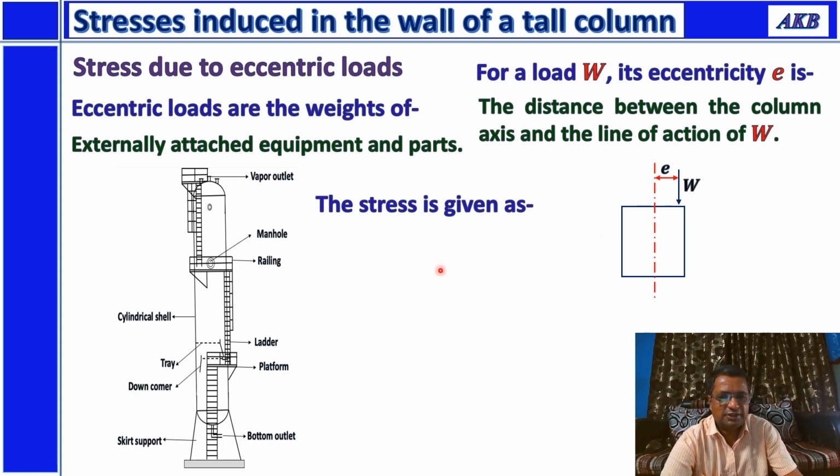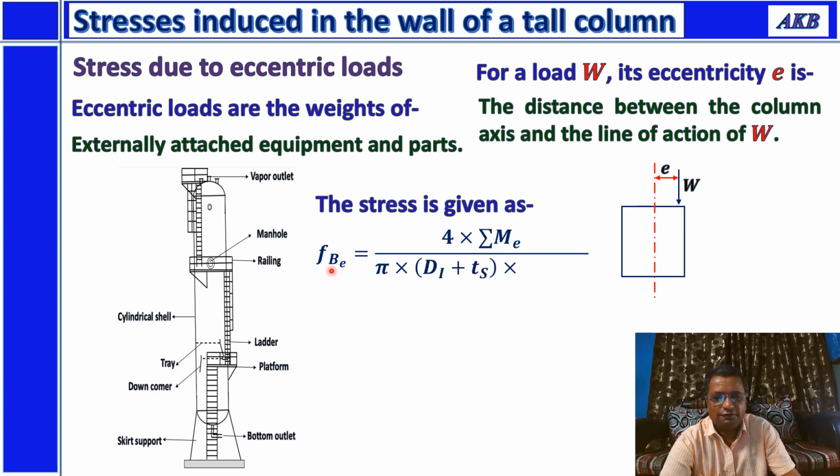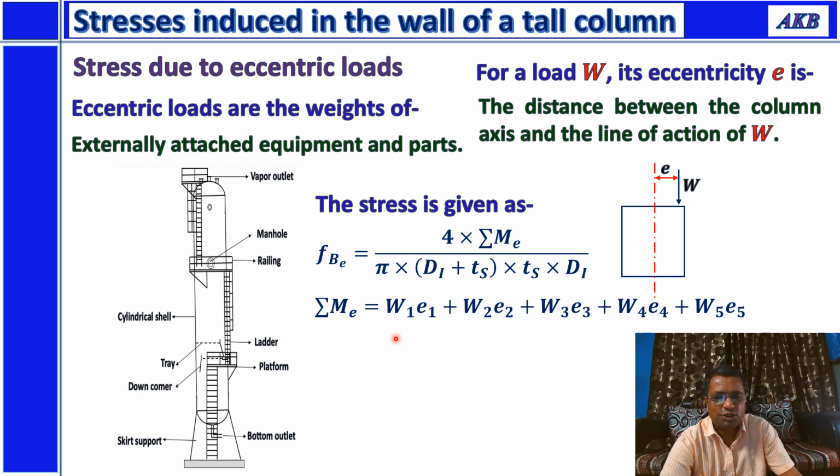Now stress due to all those eccentric loads is given by this equation. FBE is equal to 4 into summation of ME divided by pi into DI plus TS into TS into DI, where summation ME is the addition of all the moments due to eccentric loads.